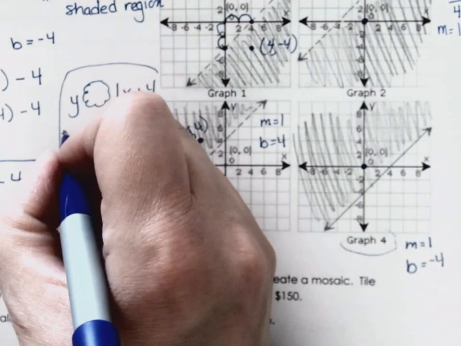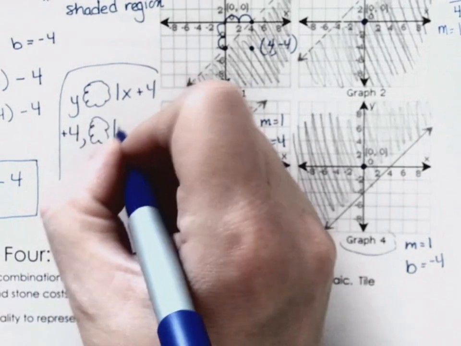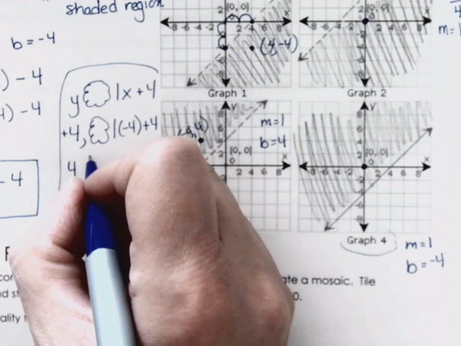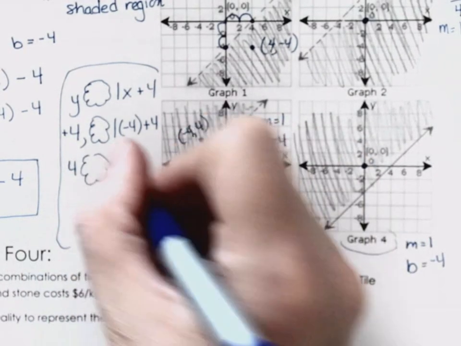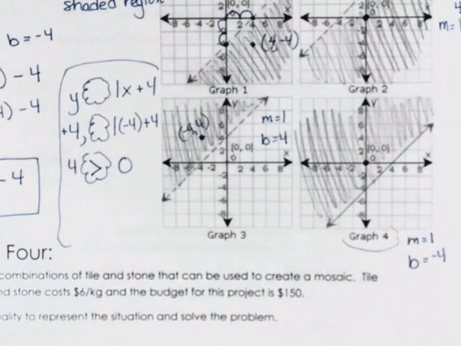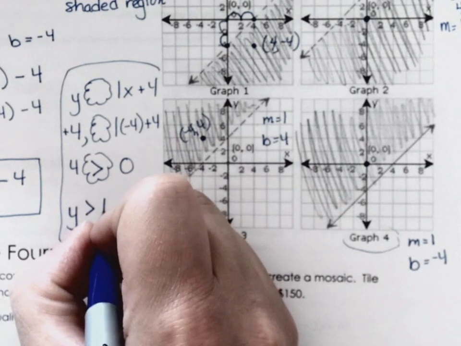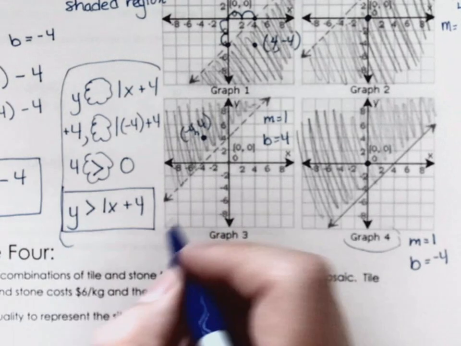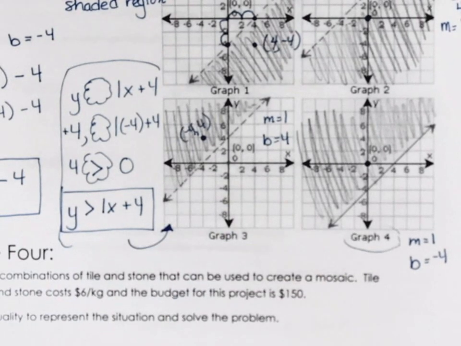So I'm going to have positive 4, big fluffy cloud, 1 times negative 4 plus 4. I don't know why I put a comma there, but forgive me. That's 0, so we know that 4 is greater than 0. So my equation is going to be y is greater than 1x plus 4. I put the 1 in this time, but that's okay. So that's the equation for graph number 3.